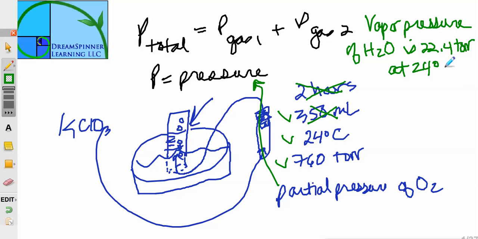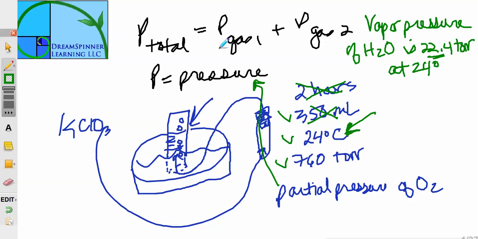There is a chart that tells you vapor pressure, and I think I've included it in the navigation of the web page. If not, I will send it to you by email. So that is what this information relates to. The temperature relates to the vapor pressure due to water, which is 22.4 torr at 24 degrees.